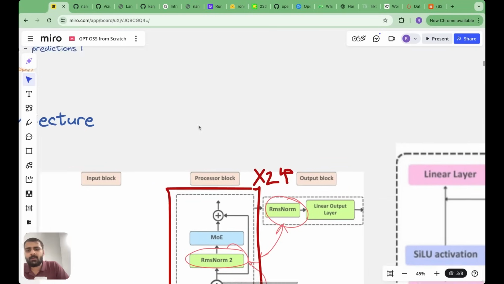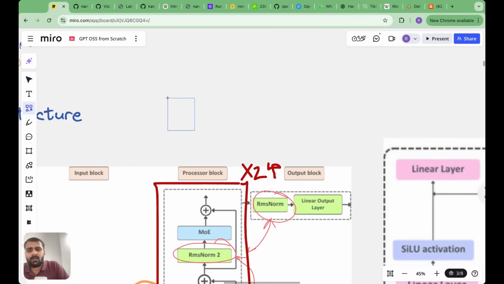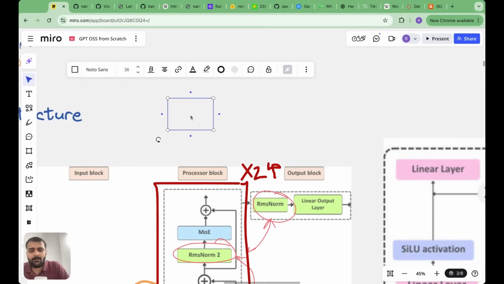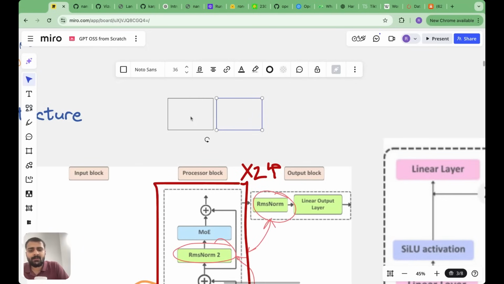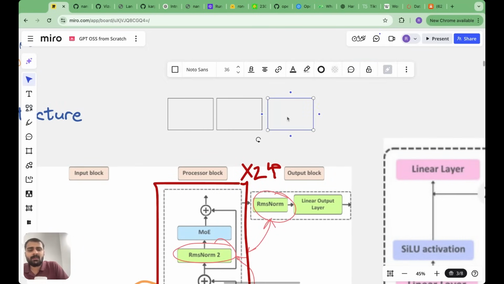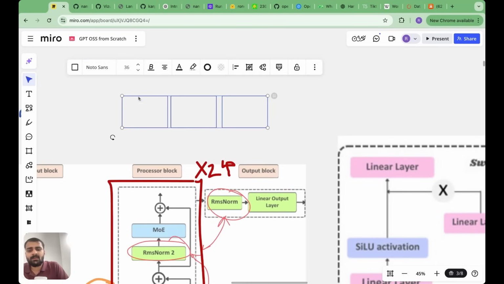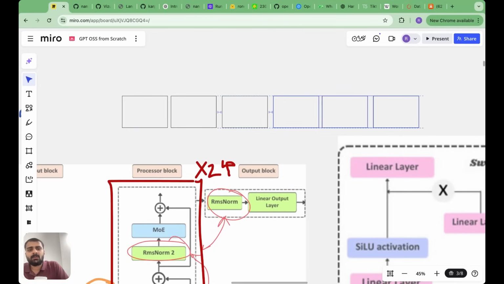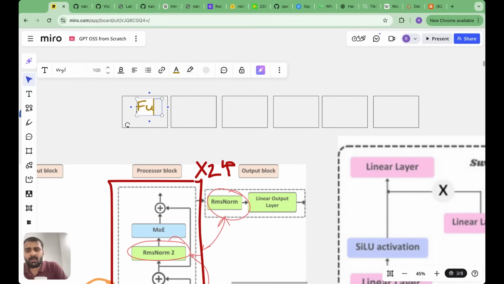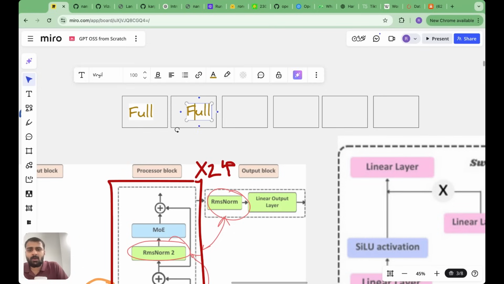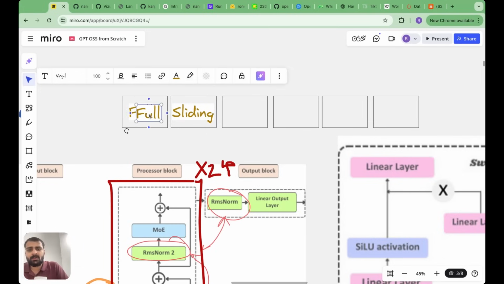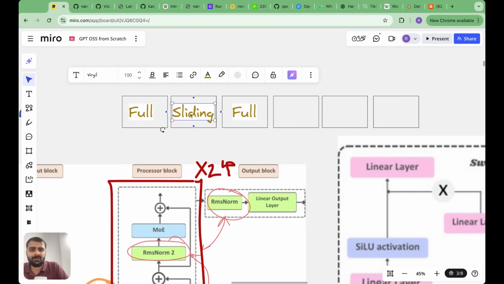Yeah, so what I was mentioning was, let's say this is one transformer block, this is my second, this is my third, etc. And we had many such blocks. The way they did it was the first block had the full attention, the second block had the sliding variation, the third block again had the full variation, the fourth block had the sliding.